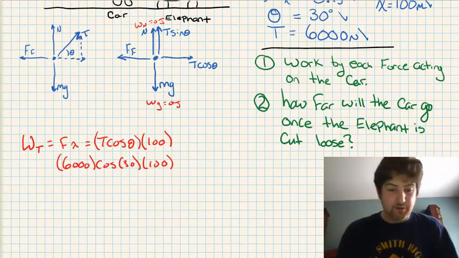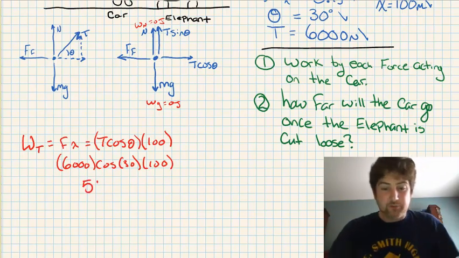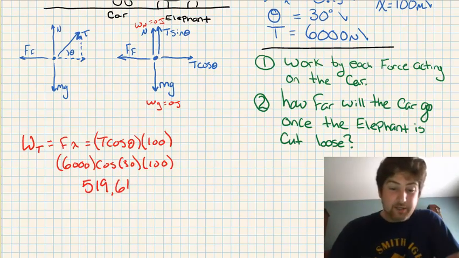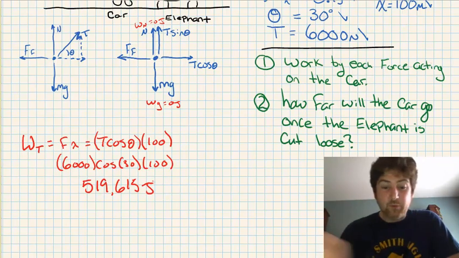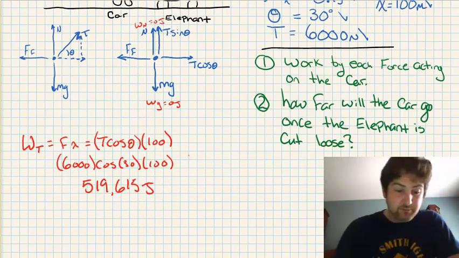And when we calculate it out in the calculator, we get 519,615 joules. The amount of energy transferred from the rope to the car. So that is the work done by the tension force on the car.